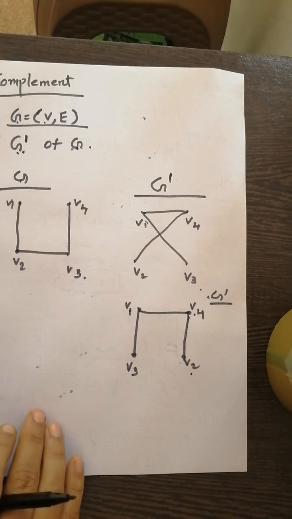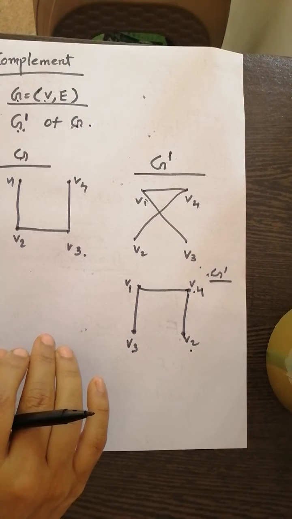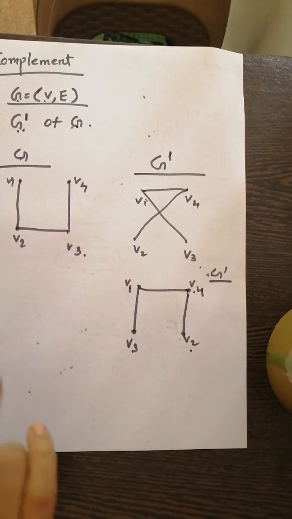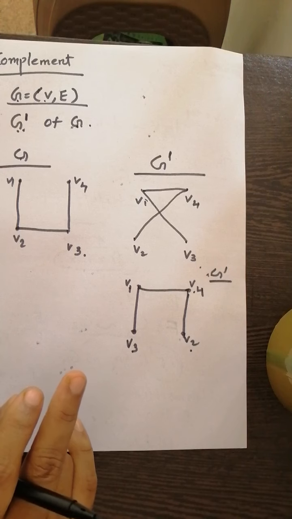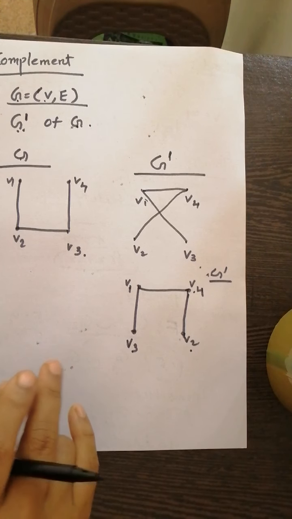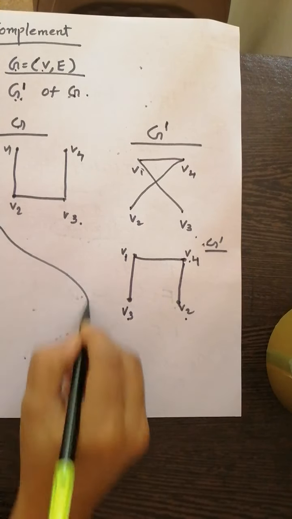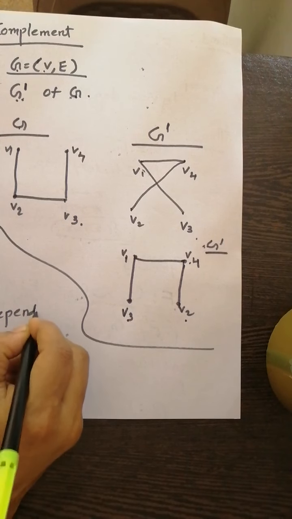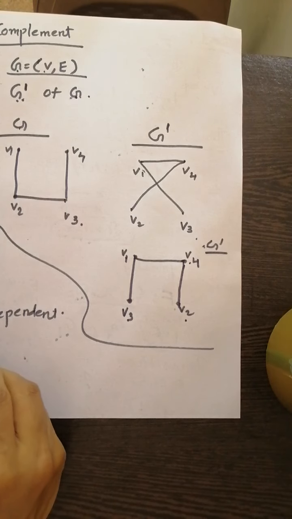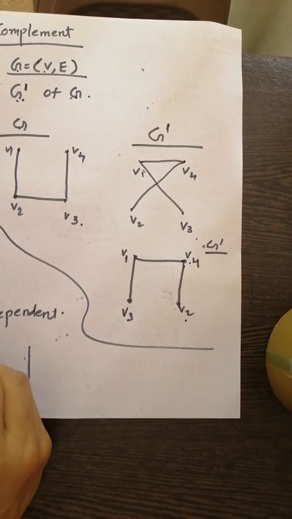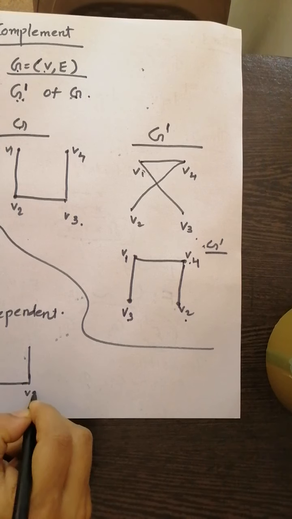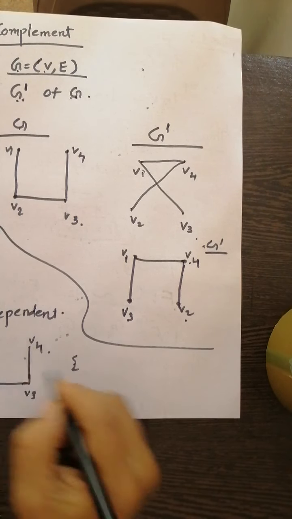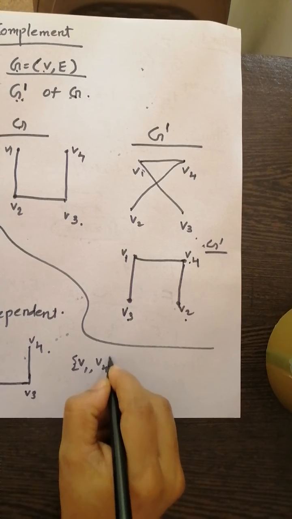A subset S of V is called an independent set of G if no two vertices of S are adjacent in G. For example, consider a graph with vertices v1, v2, v3, v4. Now I take a subset of the vertex set, that is v1, v4.